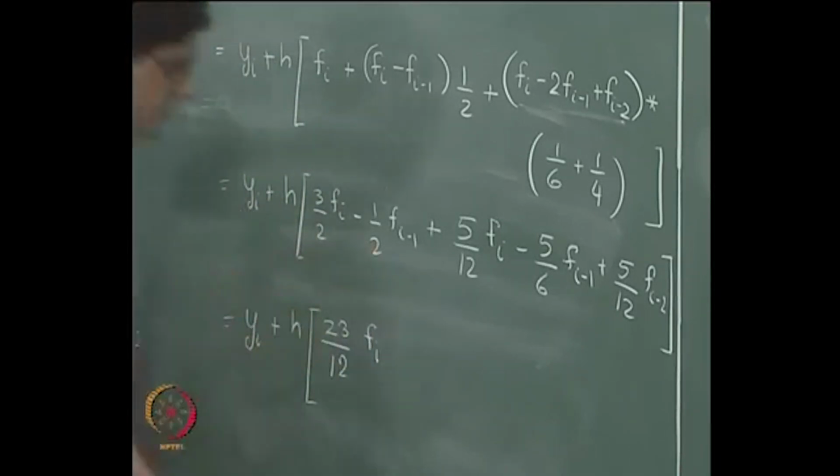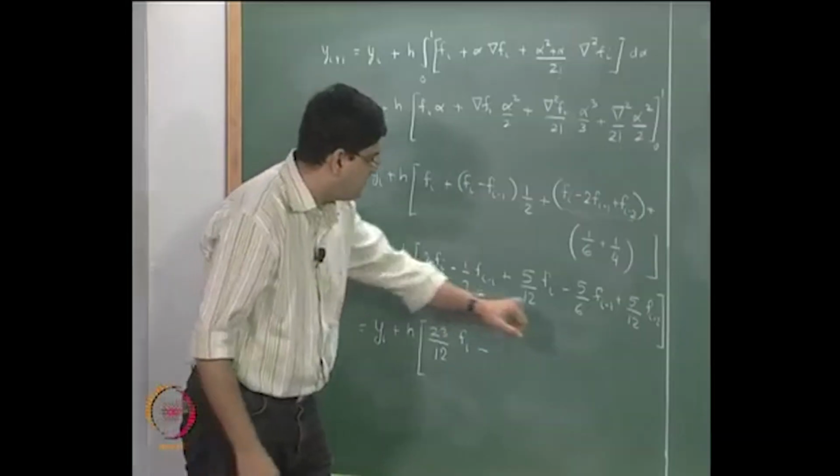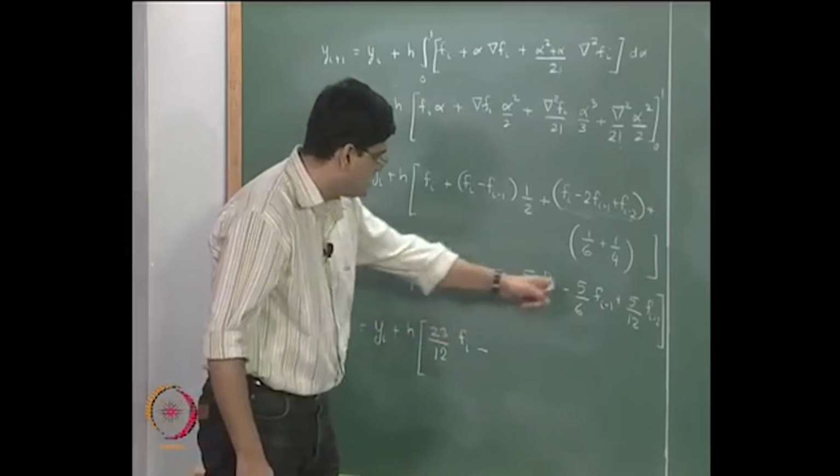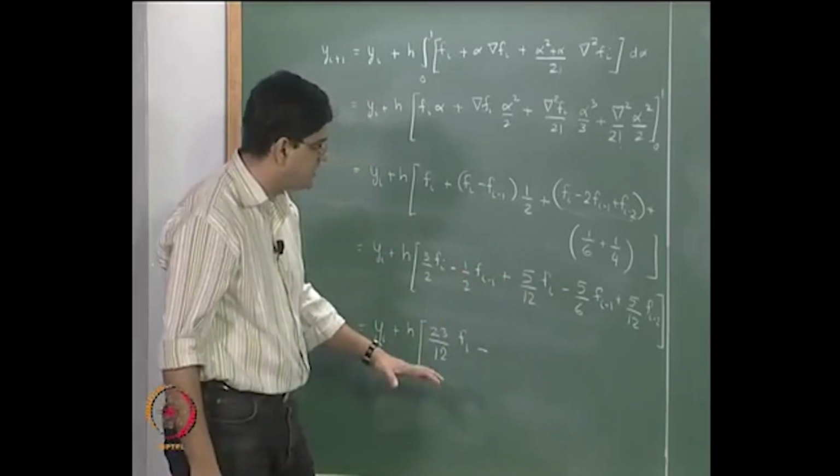fi, minus half plus 5 by 6, that is going to be 3 by 6 plus 5 by 6, that is going to be 8 by 6.